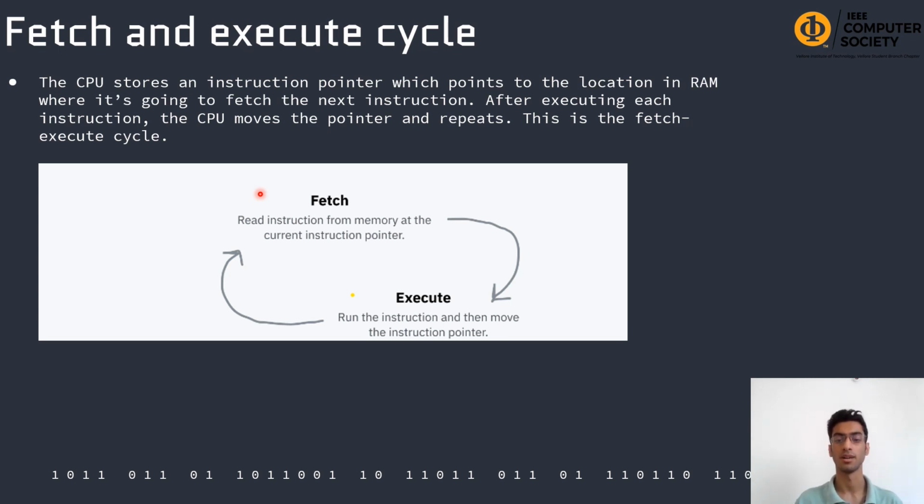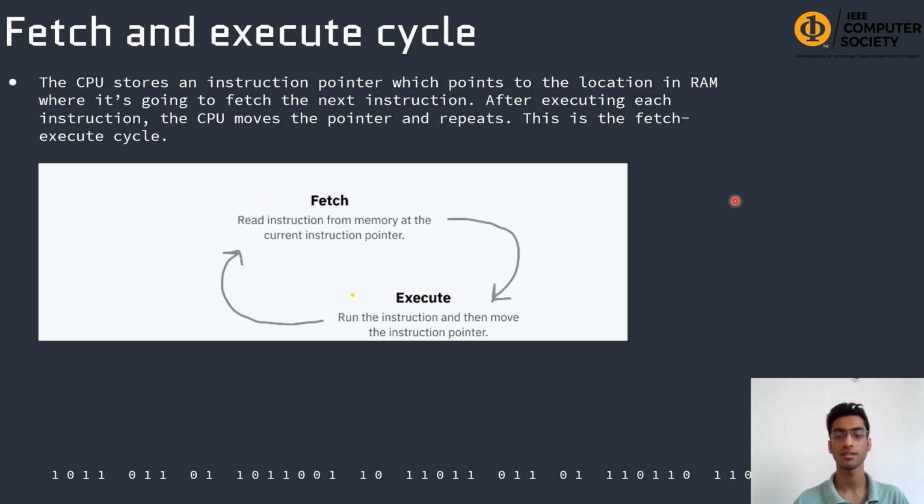How is it able to multitask? Secondly, if it executes the instructions sequentially, then why does it not get stuck inside whatever program it's running? We'll be answering these questions in our session.